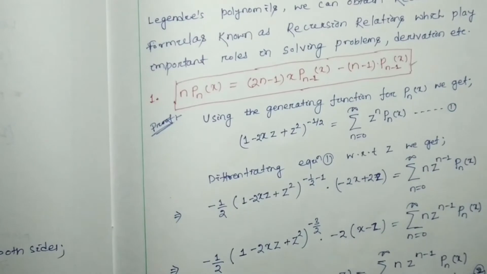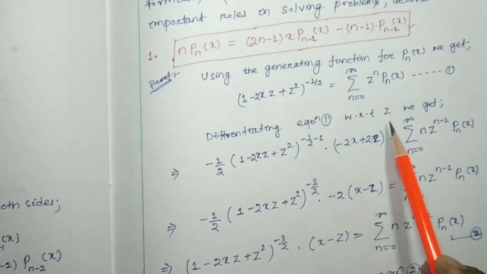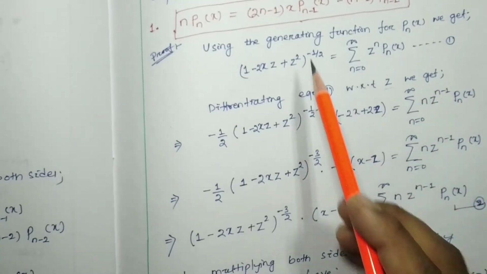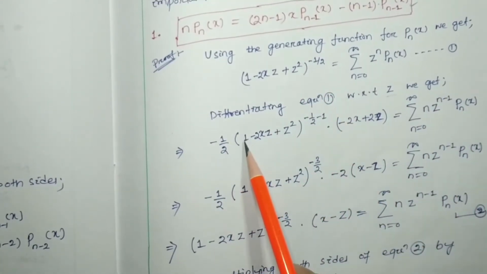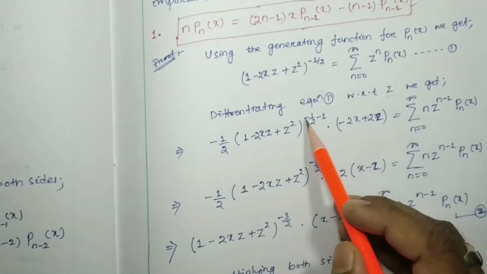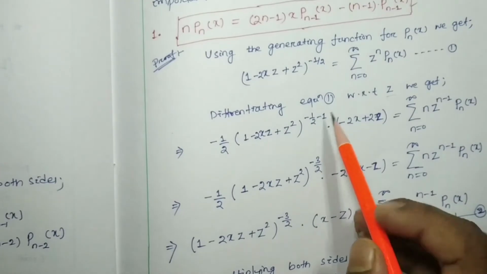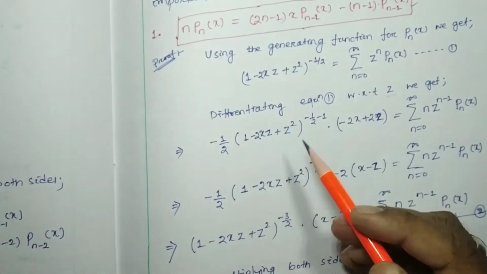Now we have to differentiate this equation left side and right side with respect to z. What we are going to get is minus 1 by 2 into 1 minus 2xz plus z square to the power minus 1 by 2 minus 1 into this bracket, which is going to be differentiated with respect to z.